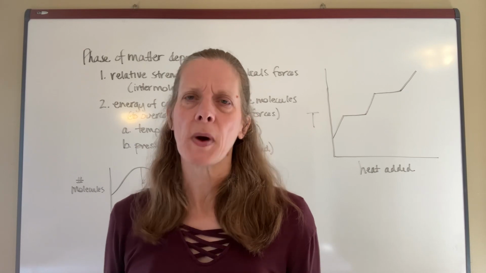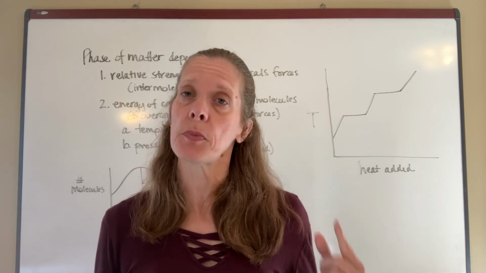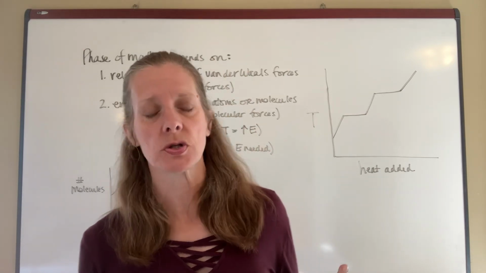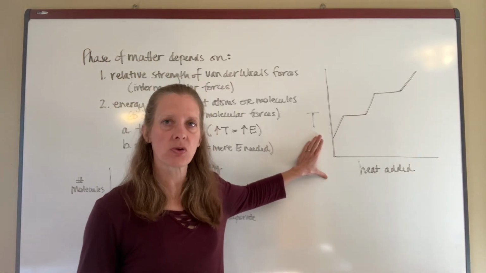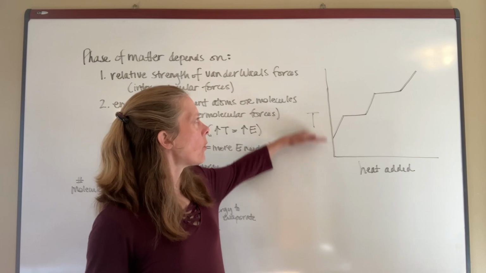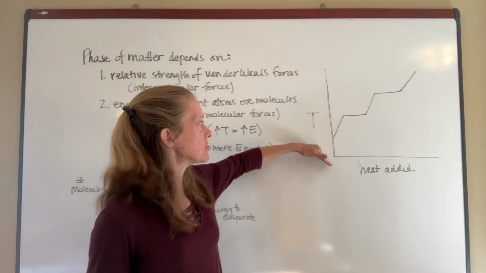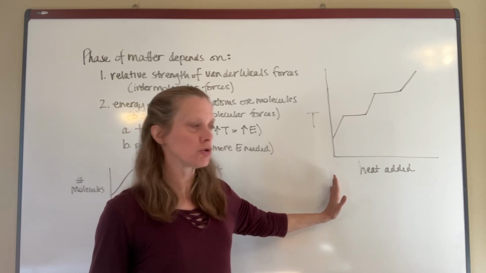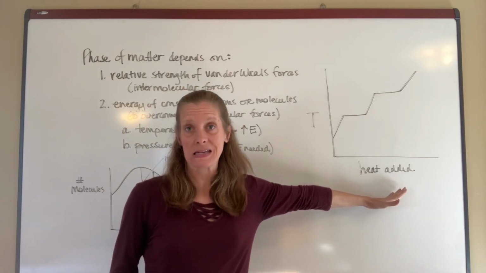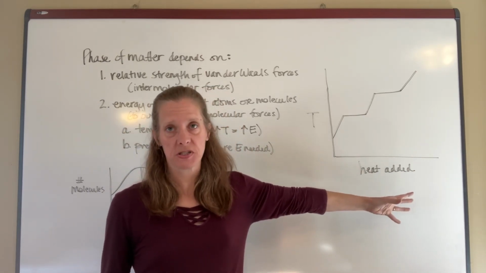And the other graph is one that you should remember from your first year chemistry course. Whenever you have a phase change, and if you look at this graph over here, on the y-axis, I've got temperature, so this is going to be increasing temperature, and the x-axis is going to be as I add heat to a substance.